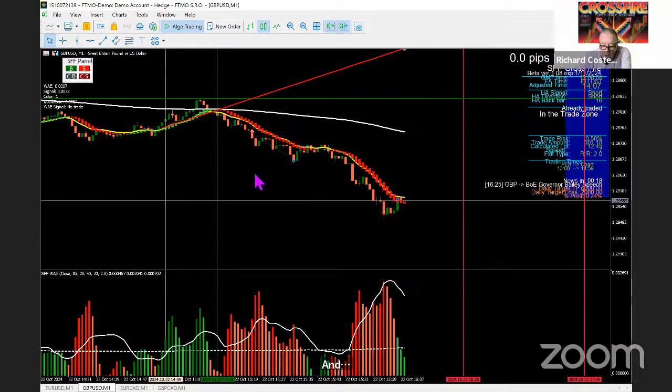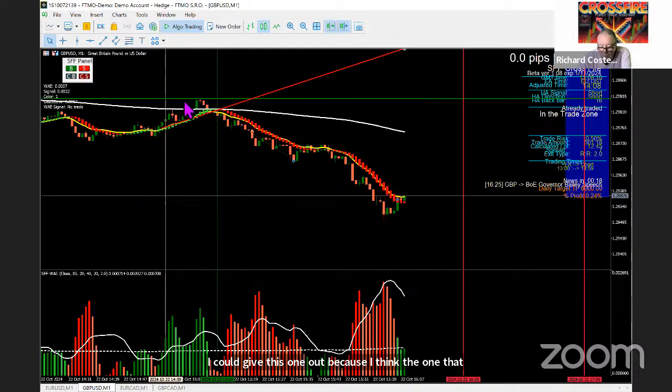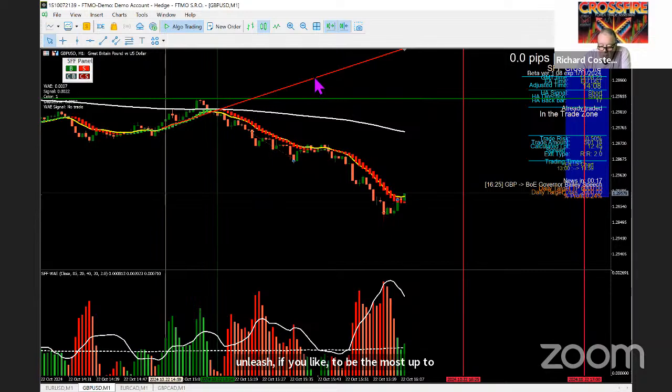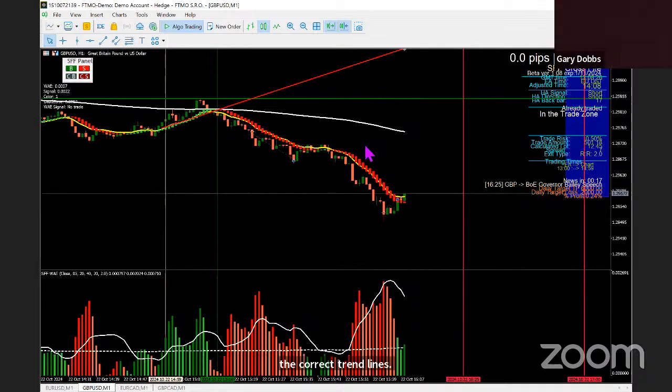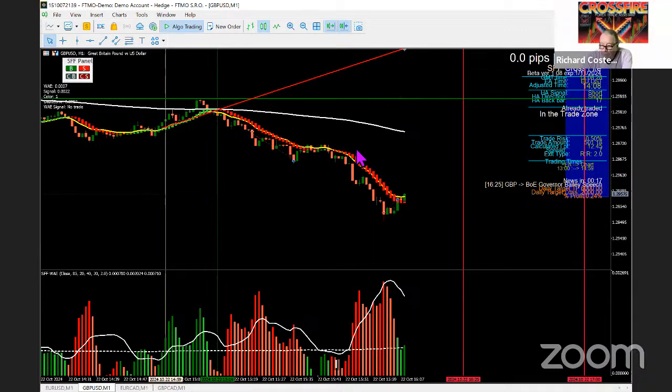I mean, I could give this one out because I think the one that you've all got doesn't have this panel, but I would prefer for the next version I unleash, if you like, to be the most up to date and to have the correct trend lines. Okay. I'm hoping to get that pretty soon. So bear with me now.